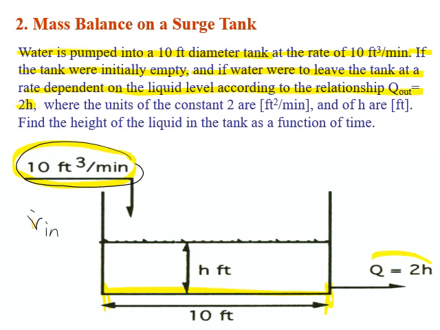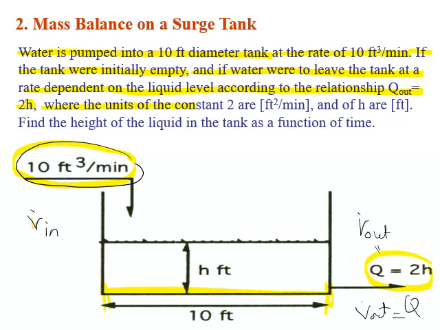So this is the relation which is given to us as V out. So V out is equal to Q. It's just different notation, just a different name, but the meaning is the same.